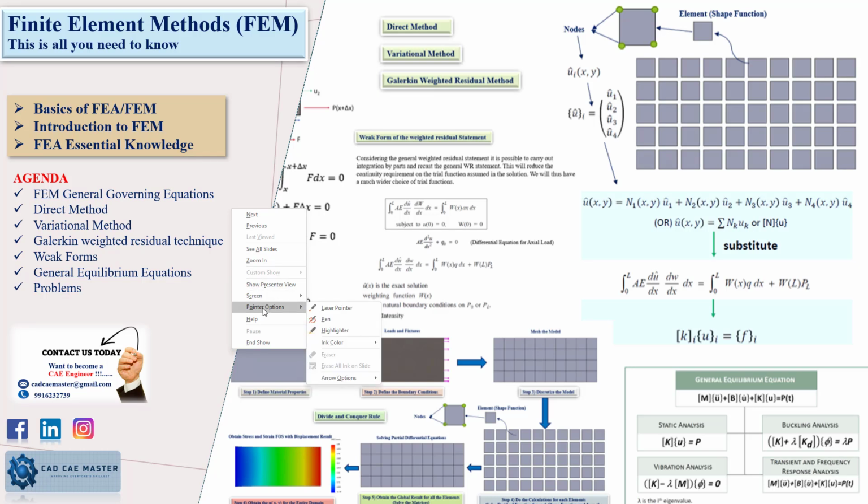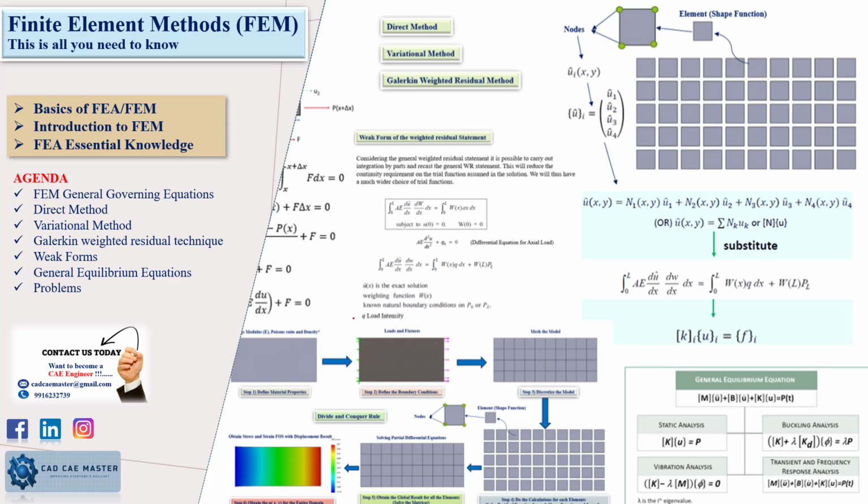Well, let me just start with this. I would like to take the pen. So the first thing, if you're going to deal with the finite element method process, what exactly we do in the beginning. First, we take up the model. This is the rectangular plate.